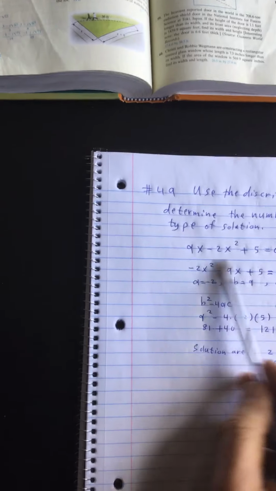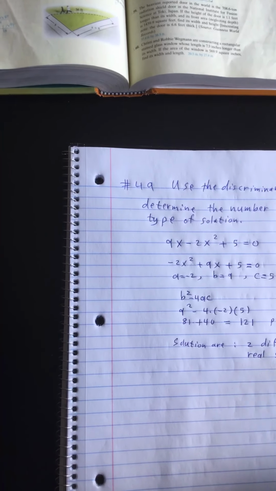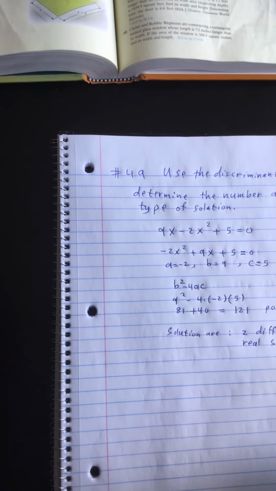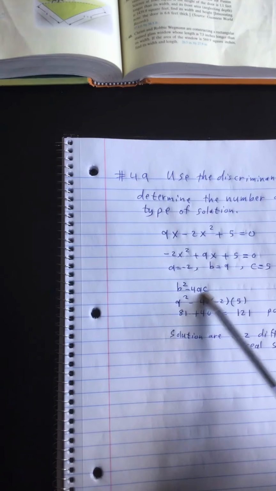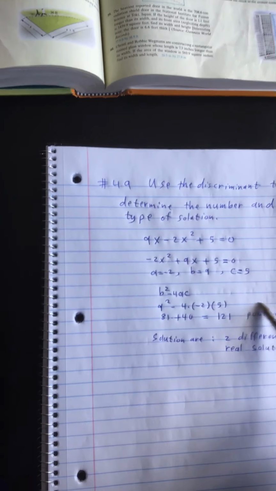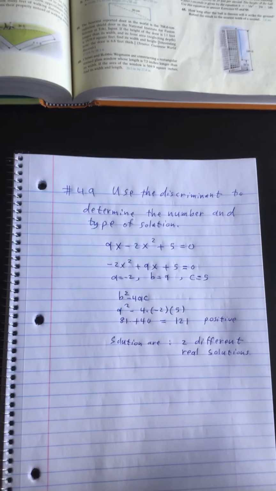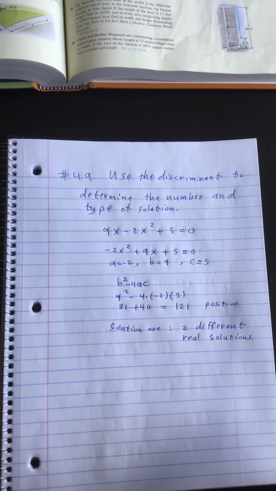So now if we solve this equation by quadratic formula, we will get two different real solutions because the discriminant is a positive number. While if we get negative, the solutions will be two non-real complex conjugate solutions.